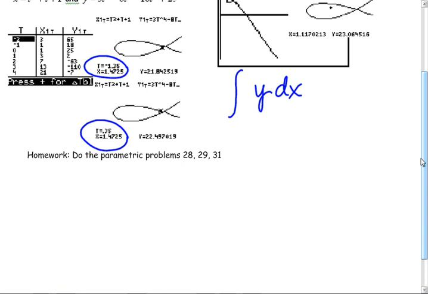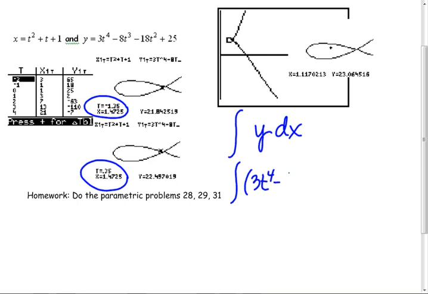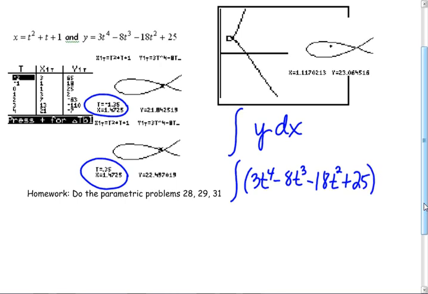What's the y value? 3t to the fourth minus 8t cubed minus 18t squared plus 25 times dx. Now what's dx? 2t plus 1 dt.